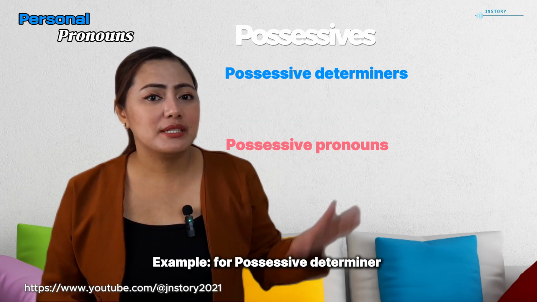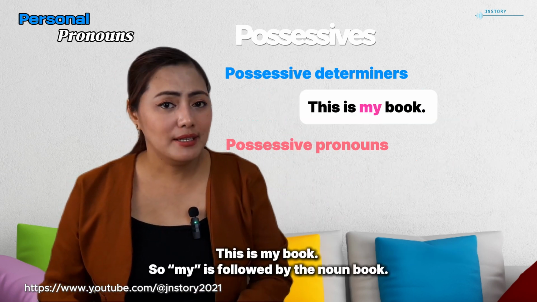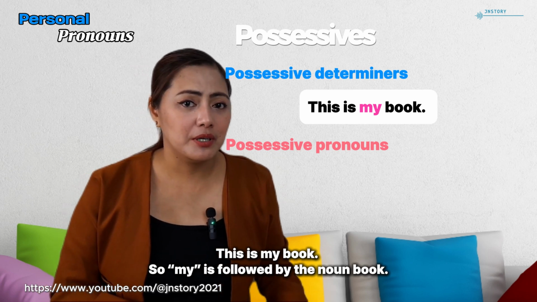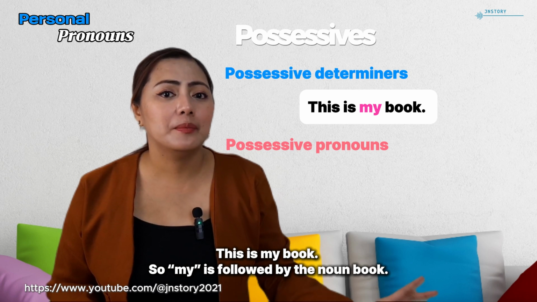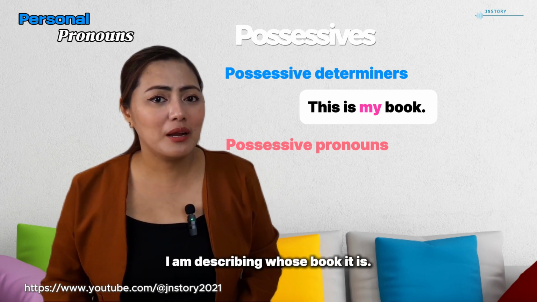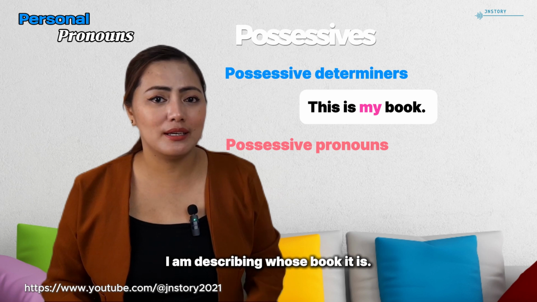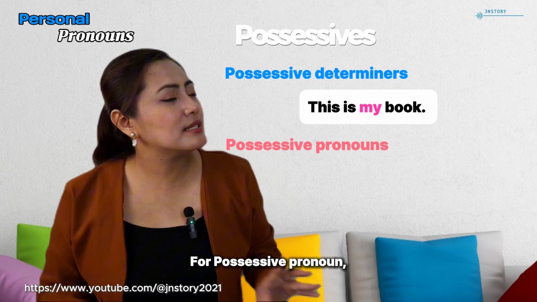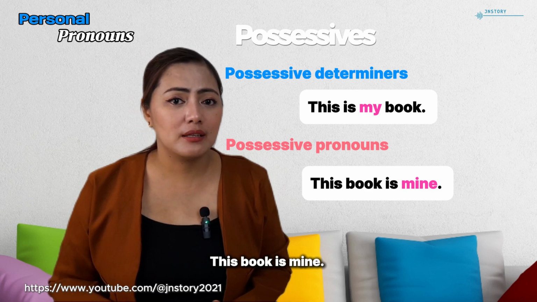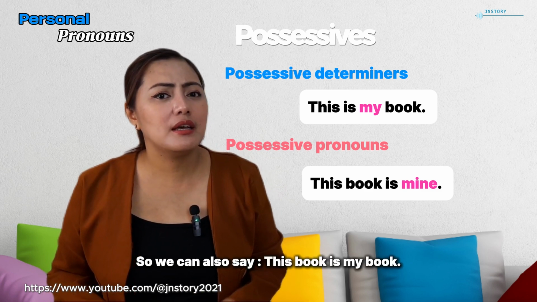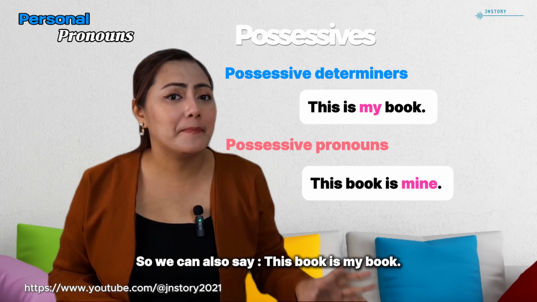Example for possessive determiner: "This is my book." So "my" is followed by the noun "book." I am describing whose book it is. For possessive pronoun: "This book is mine." So we can also say, "This book is my book."